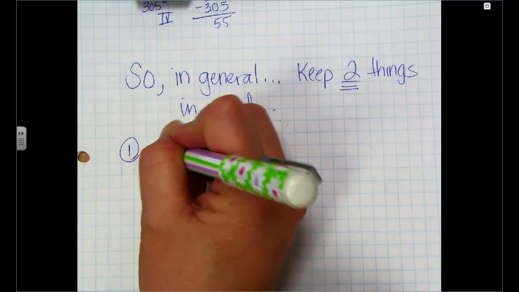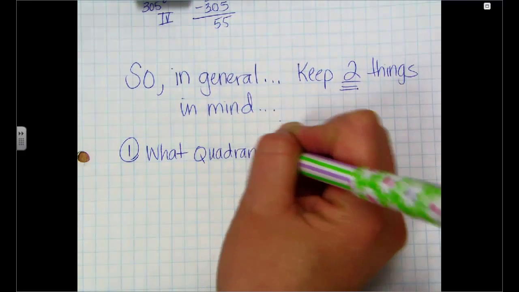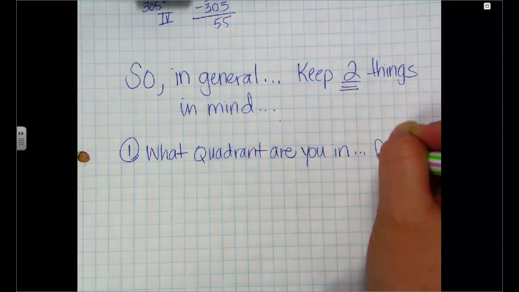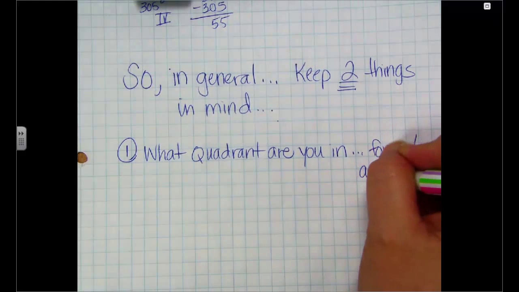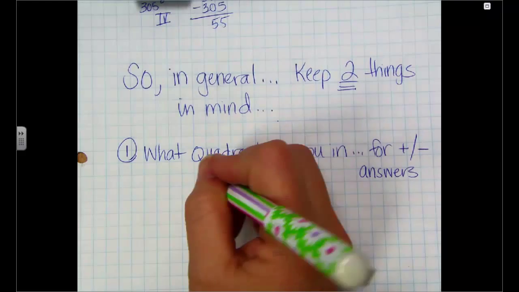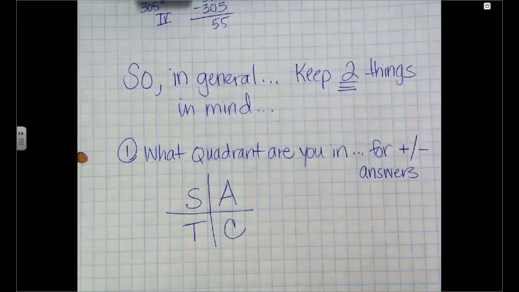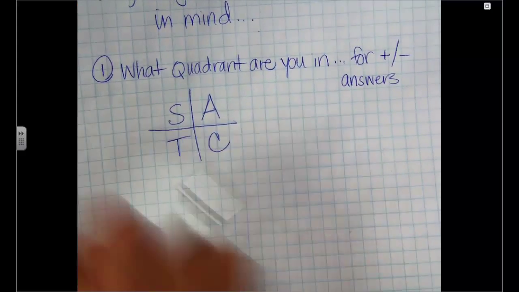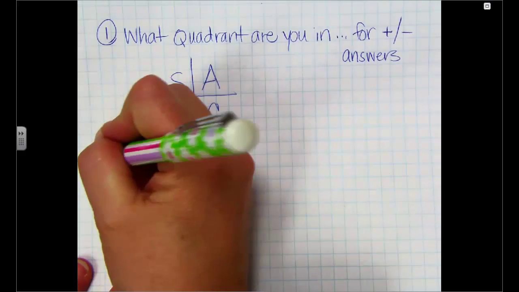First thing, what quadrant are you in for your positive or negative function answer? And again, if you do that quick drawing of all students take calculus, quadrant 1, all functions are positive, 2 only sine, 3 only tan, 4 only cosine. That'll help you get your answer to that piece quickly.